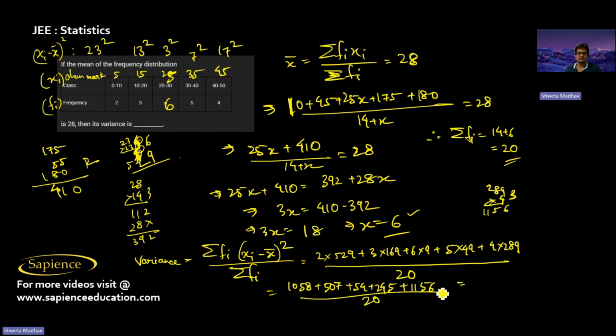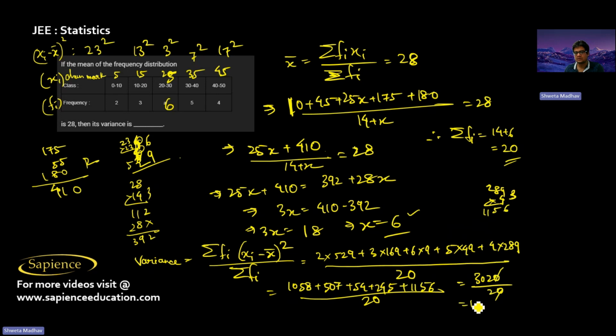So this will be equal to 28 plus 16 plus 1 plus 35 plus 1.6, so this is 3020 divided by 20.